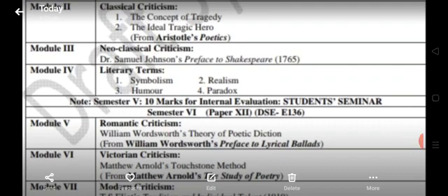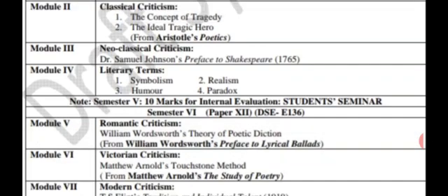See how you are going to learn the ideal tragic hero concept through the point of view of Aristotle's Poetics. It is the particular reference of it. And after that you are going to learn module three, that is neoclassical criticism.